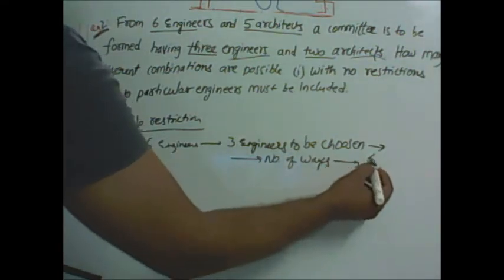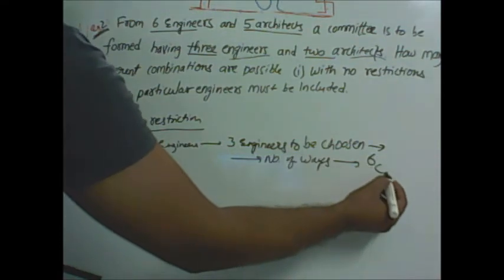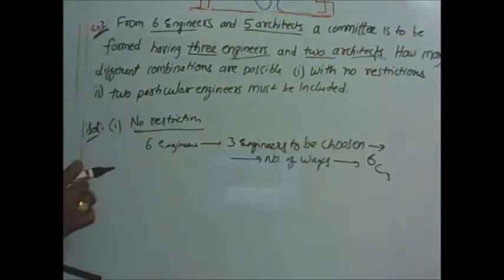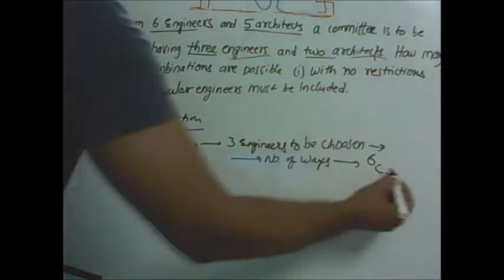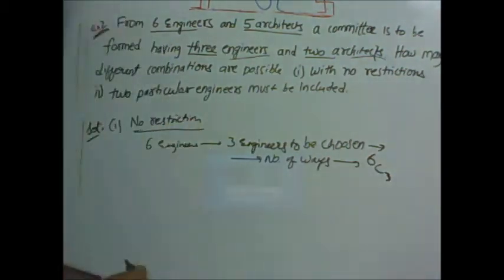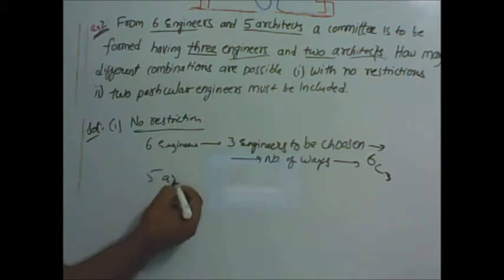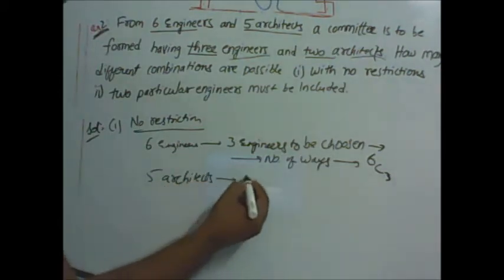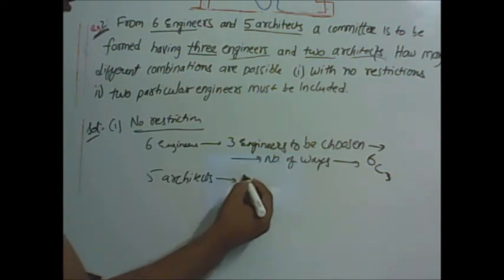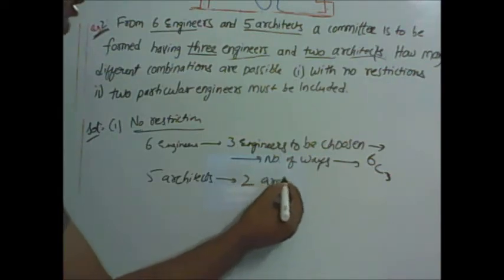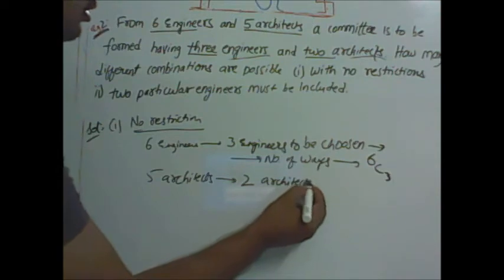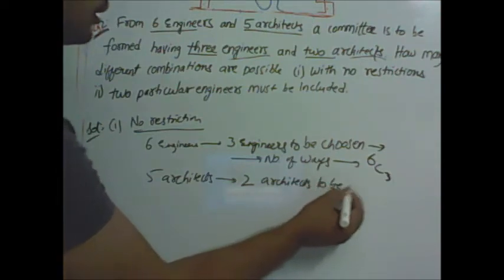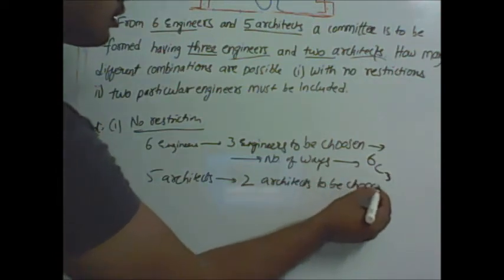Here n is 6, r is 3. 3 at a time we are taking from 6 engineers. 6C3. Okay. Now there are 5 architects, so we need 2 architects to be chosen.